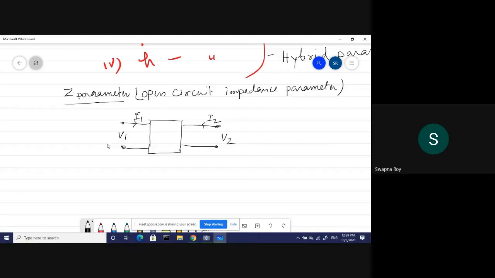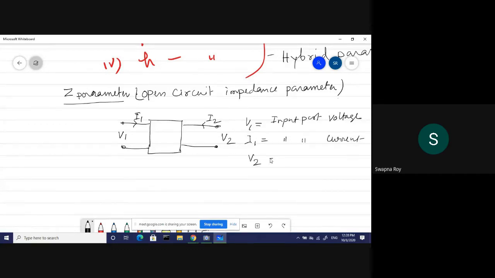So V1 is the input voltage, I1 is the input current. So V1 is the input port voltage, I1 is the input port current.